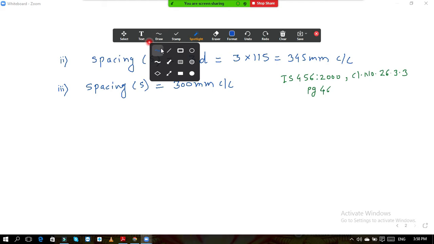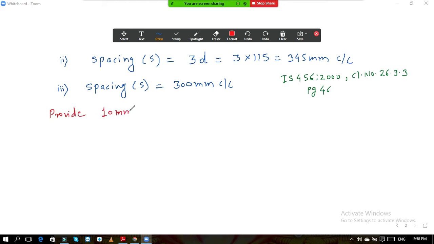So ultimately I will write over here: provide 10 mm diameter bars at 160 mm center to center. And how many bars are we providing? 6 bars.